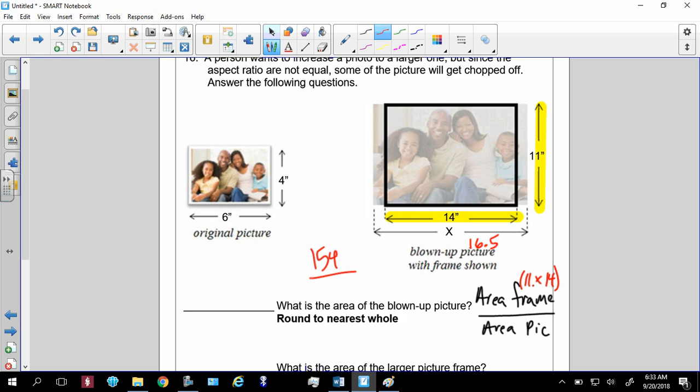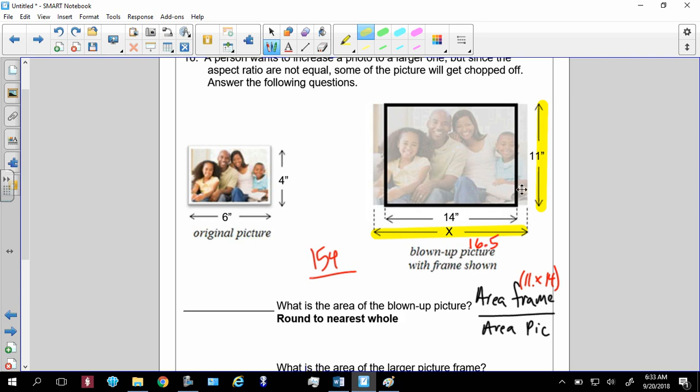Now again, guys, this is still the height of the picture too, because the frame and the picture meet at the same spot. But now, this is now the width of the picture.